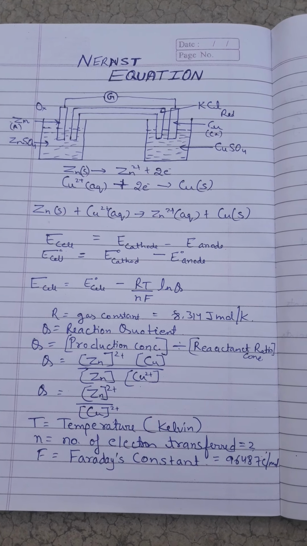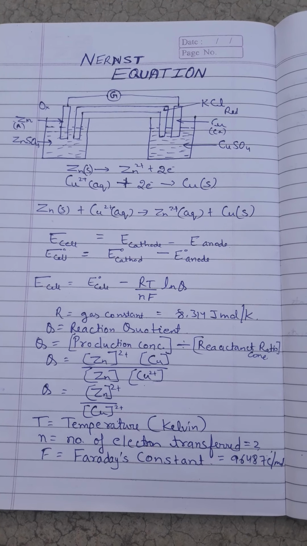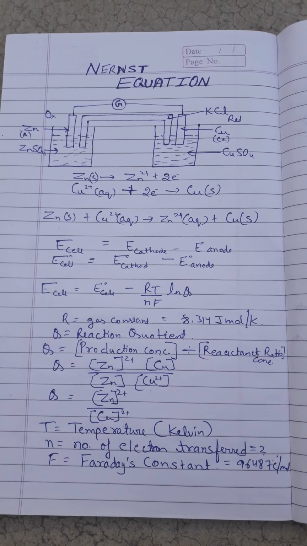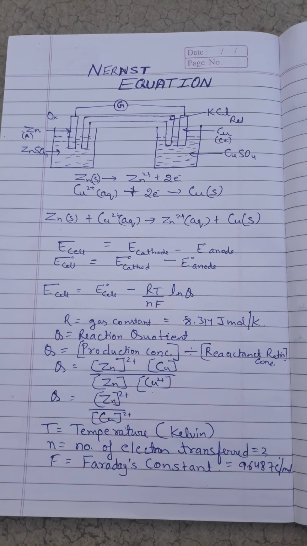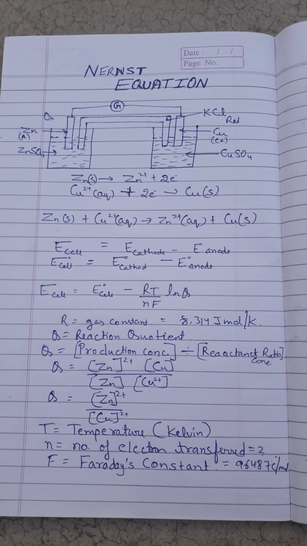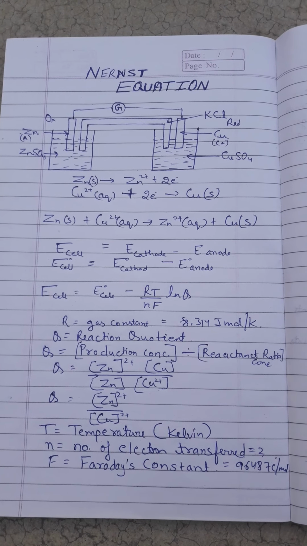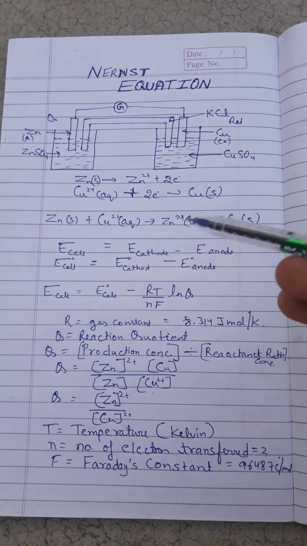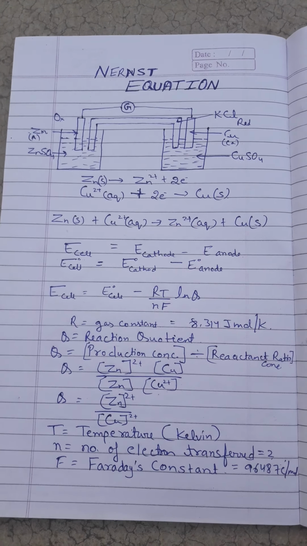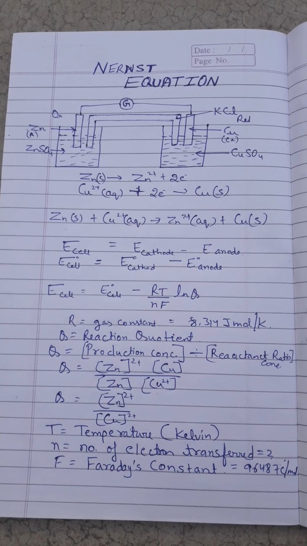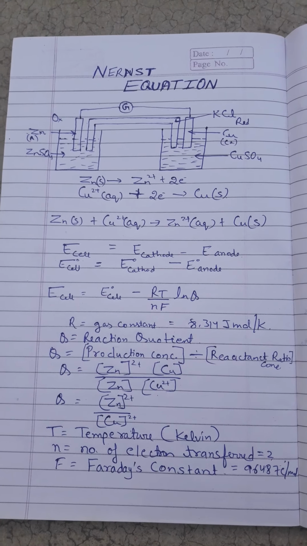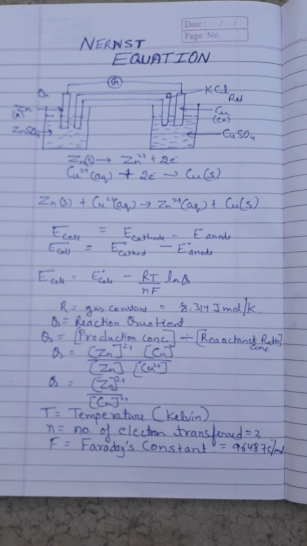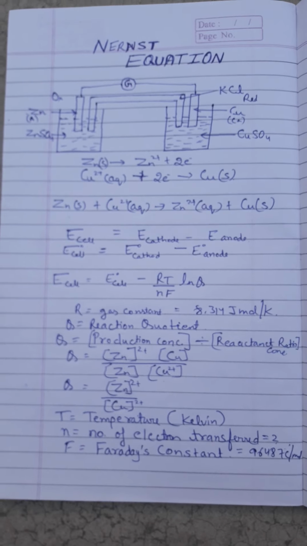When electrons from the anode travel through the wire, it will create an excess of positive charge around the electrode. Simultaneously, excess negative charge will accumulate around the cathode. To maintain electrical neutrality in both cells, and the continuous flow of electric current, the negative ions from the salt bridge would flow into the anode compartment, and the positive ions will move into the cathode compartment.